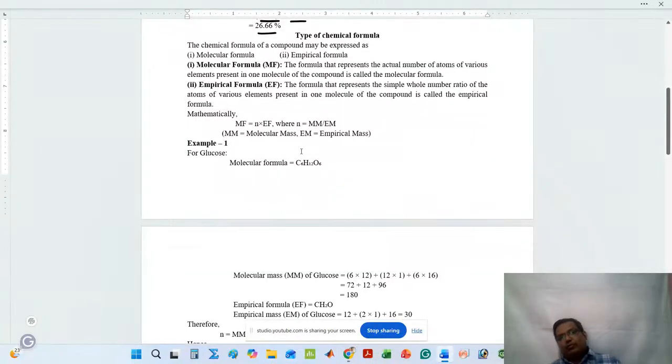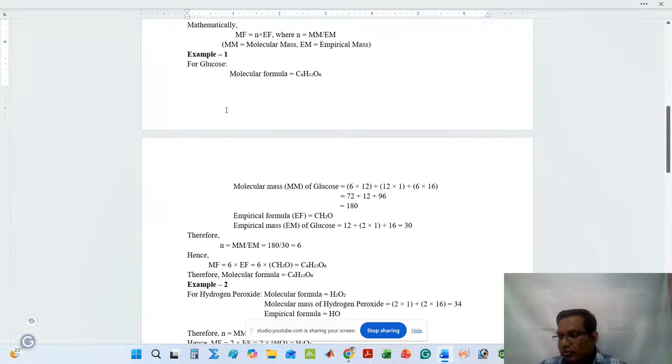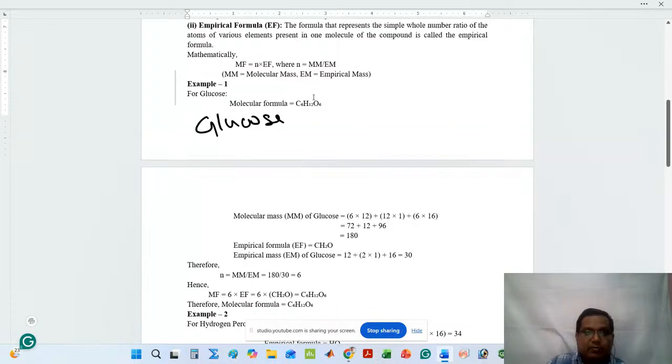Next, I will move to the types of chemical formula. Take an example. Suppose I want to take glucose and find the molecular formula and empirical formula.